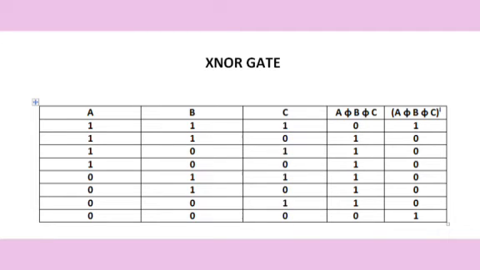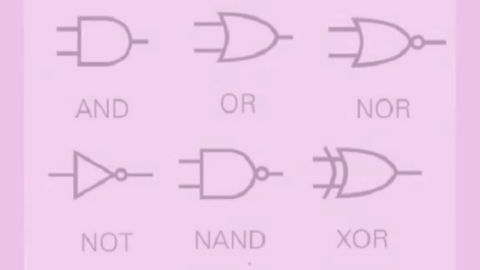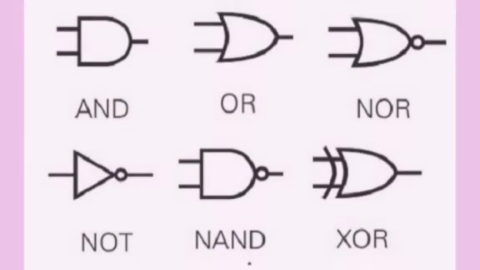Why? Because what happened is they first of all performed an exclusive OR operation, and then they inverted it to give you an exclusive NOR gate. So therefore, it answers the question that it is a combination of an exclusive OR and a NOT gate.